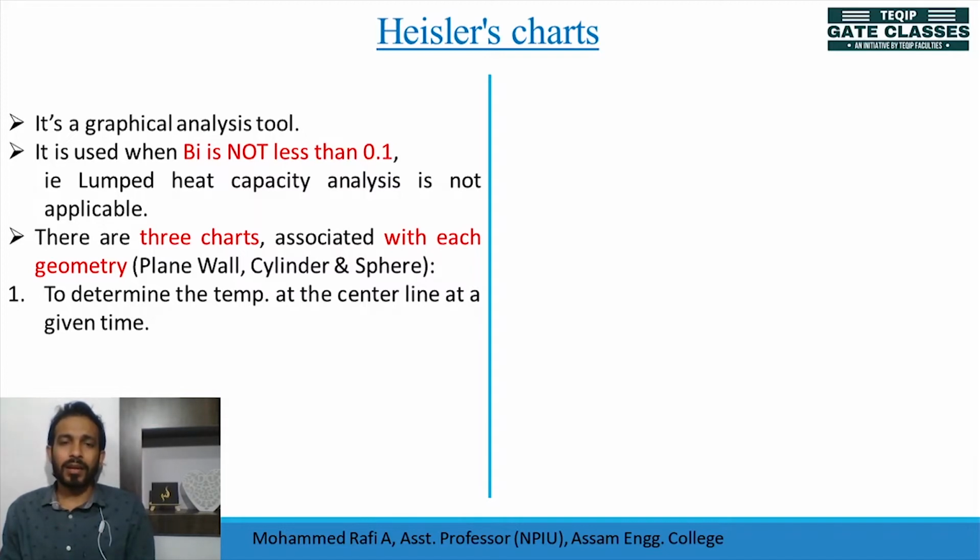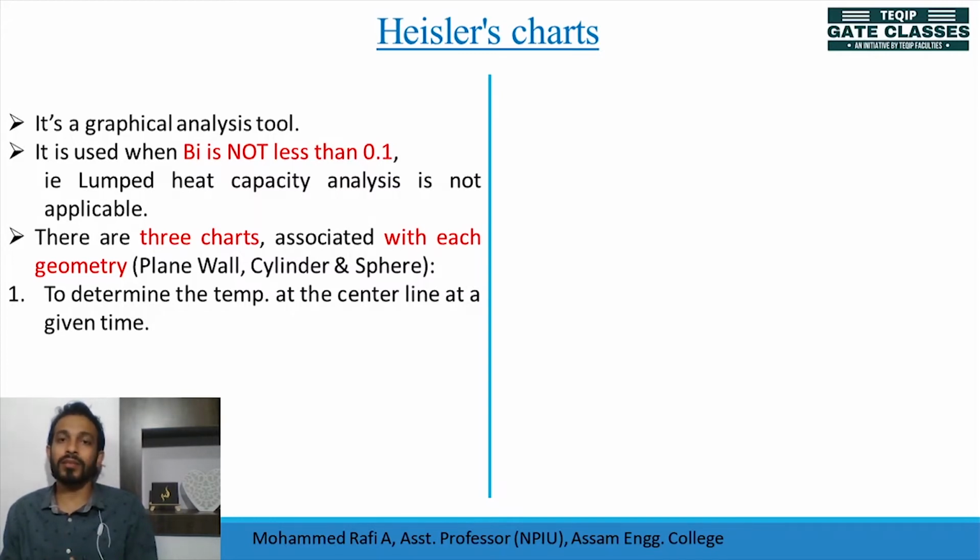Basically there are three charts. The first one is to determine the temperature at the center line of a body. There are three separate charts for three shapes: a plane wall, a cylinder and a sphere.